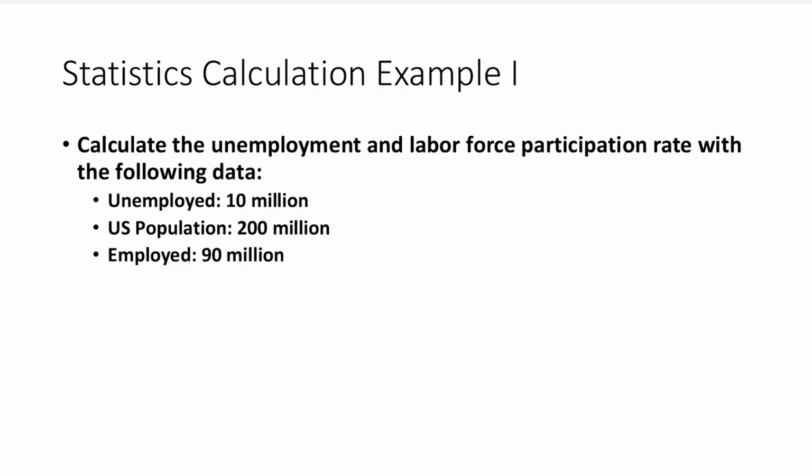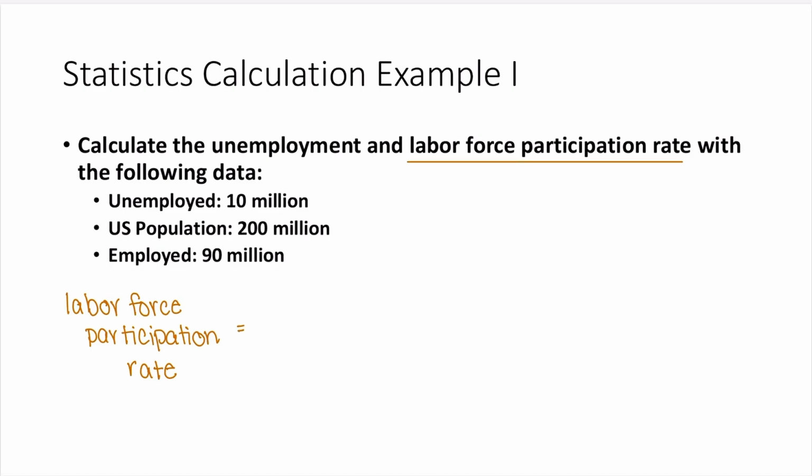So first, in order to calculate our labor force participation rate, we know that our labor force participation rate is the ratio of the individuals who are employed and unemployed over the total population that is of the right age and is not institutionalized and not in the military.